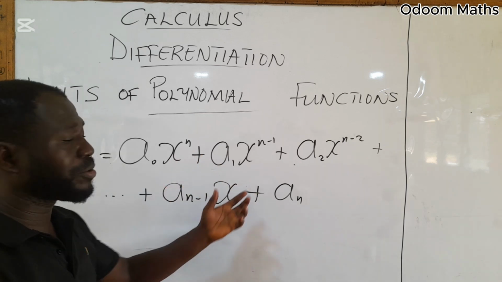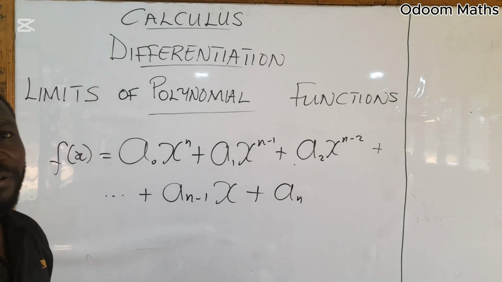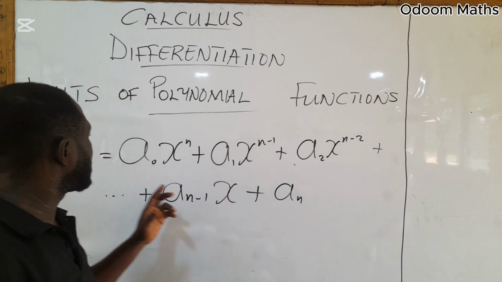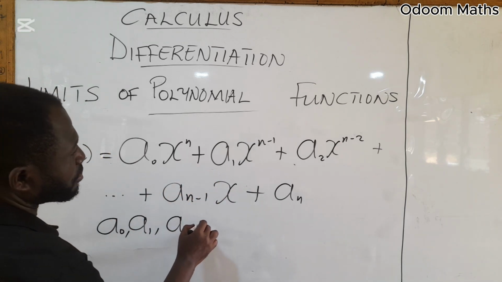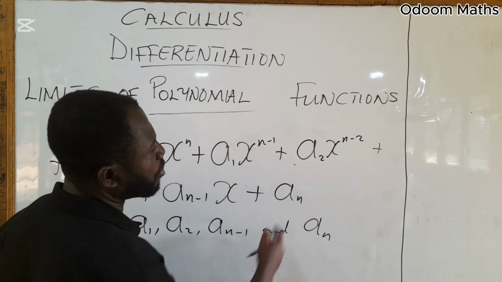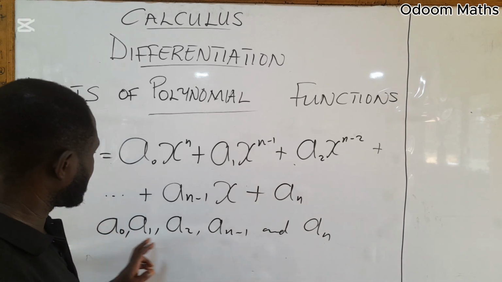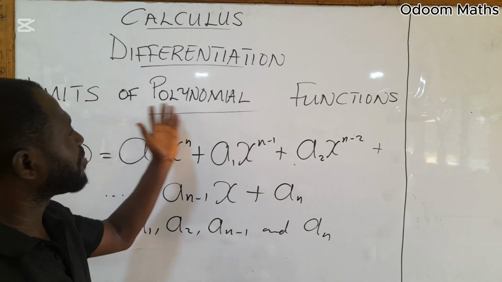So this is how a polynomial function is. Now with this, a sub 0, a sub 1, a sub 2, a sub n minus 1, and then a sub n, these are all constants. Okay, now let's look at the limits of polynomial functions.